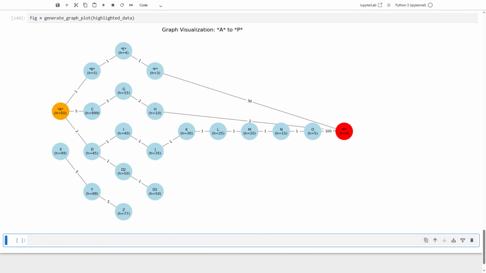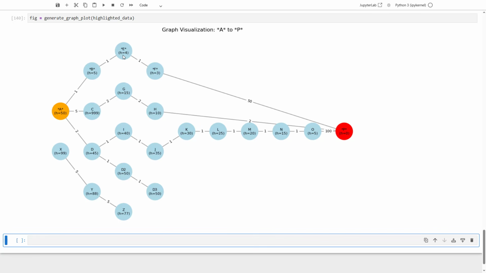So this way we understand that A star actually reacts immediately, abandoning a short road because the heuristics warned of a high cost ahead, diverting, so to say, the entire path to the north.